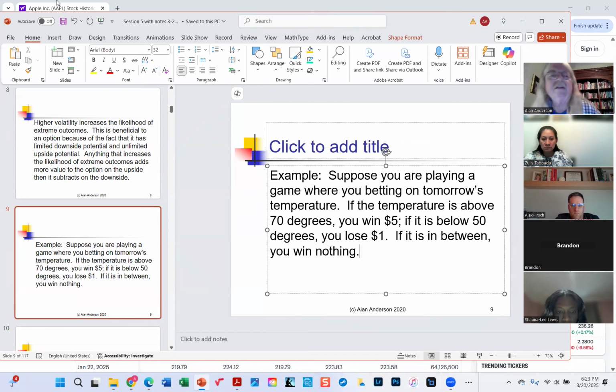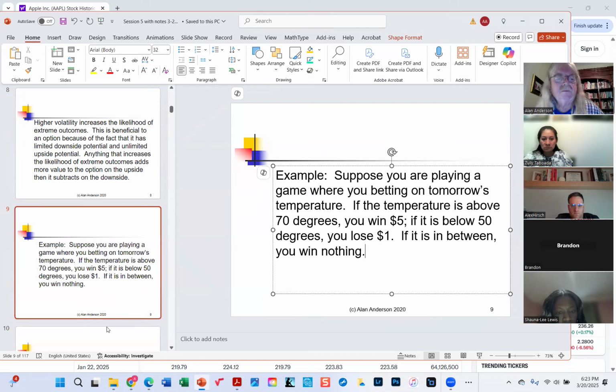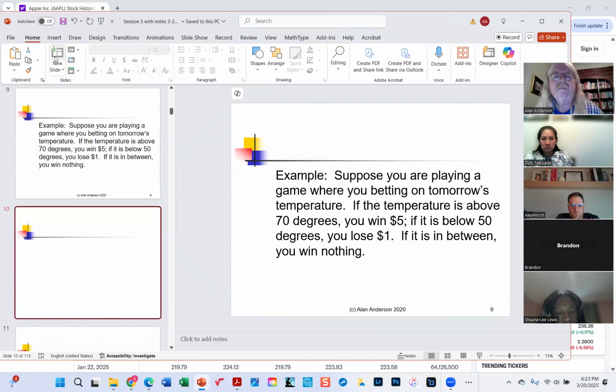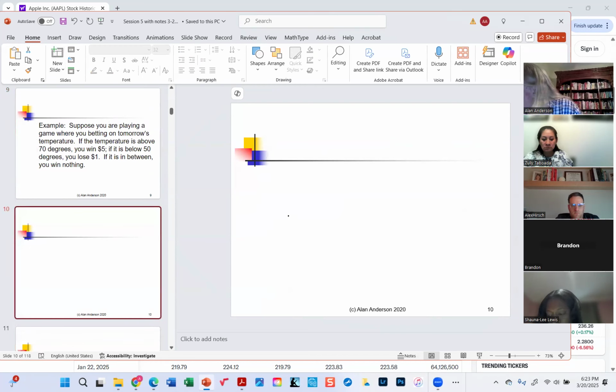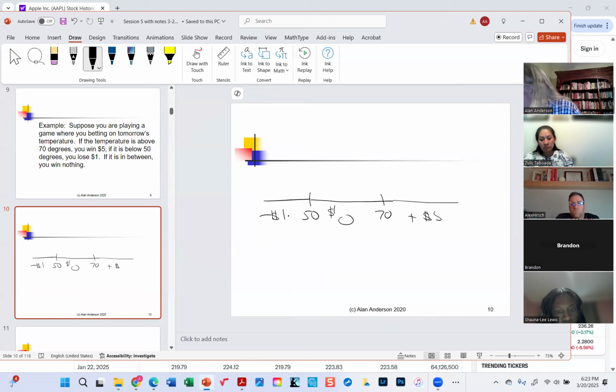So let me illustrate this on the next page. So the temperature is constantly staying in this range, you end up with no money.